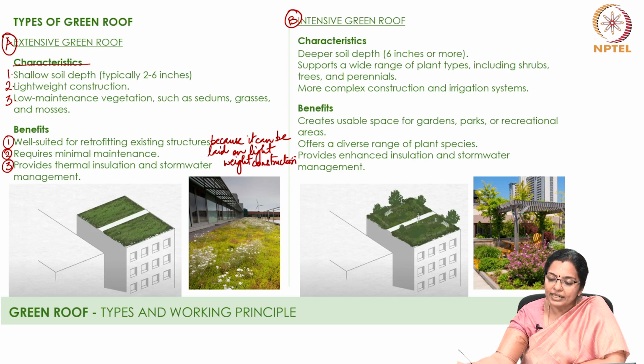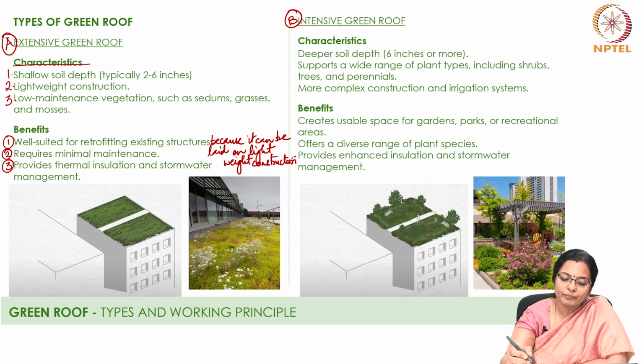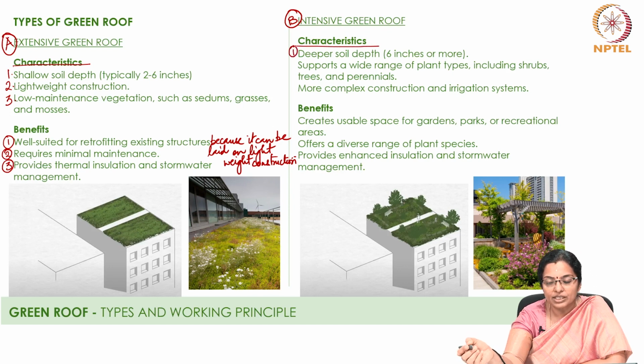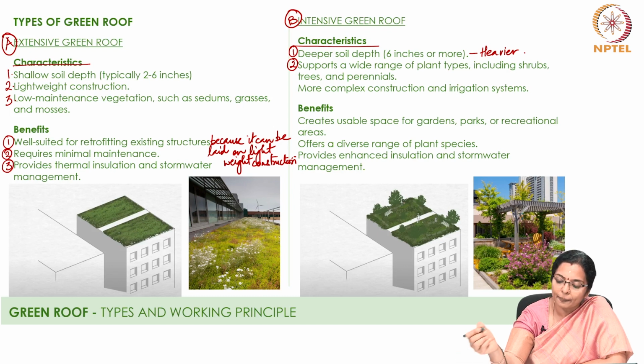If we look at intensive green roof, this is characterized by deeper soil depth, about 6 inches or more. So it becomes heavier. It supports a wide range of plant types including shrubs, sometimes small trees and perennials.